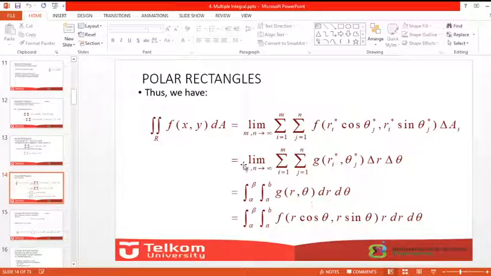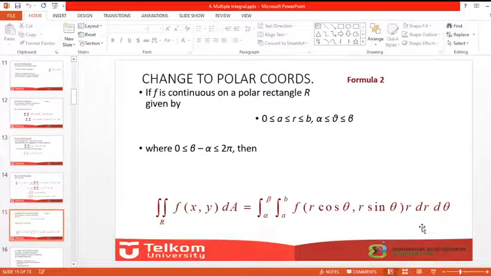So the double integral of f(x, y) dA is changed: x becomes r cos theta, y becomes r sin theta, and dx dy becomes r dr d theta. So this is how you make the polar integral in polar coordinates. Okay.